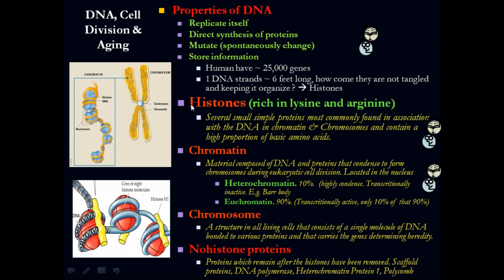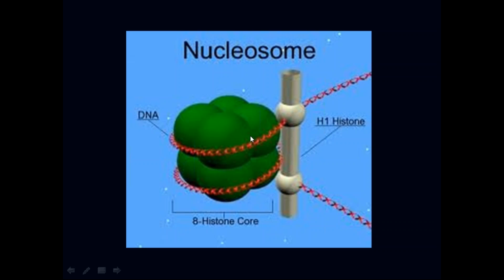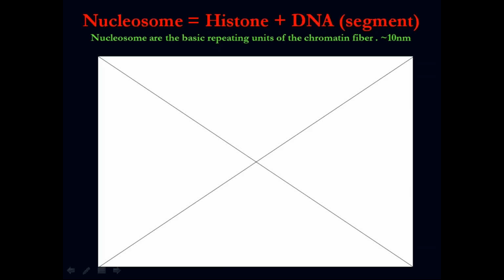So that is what the histones are doing. Here we have the histone. Can you see the histone? This green stuff is a protein, and these are actually the chains of DNA. In that way, the DNA is not going to get tangled. That is an important reason for the histones.